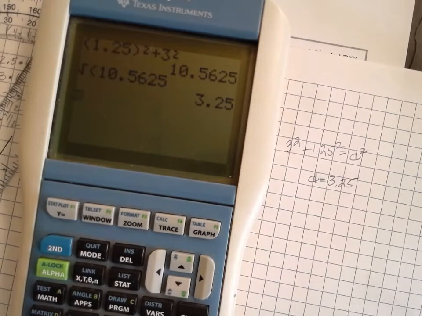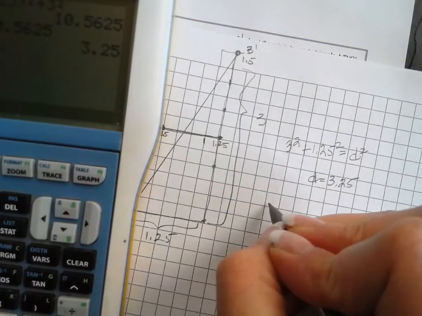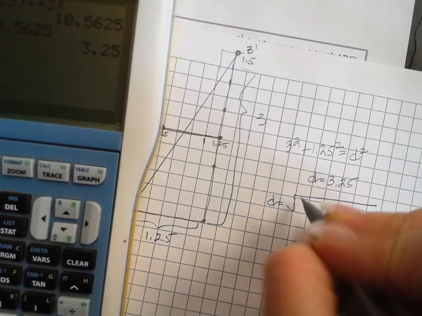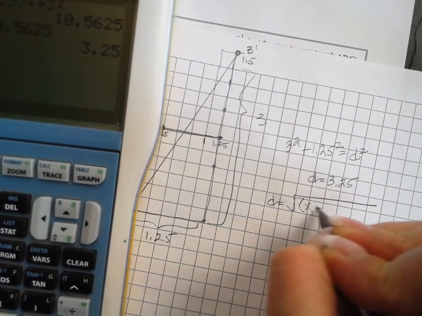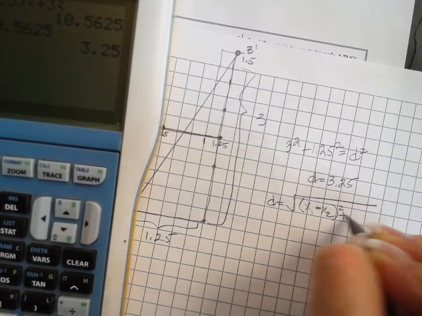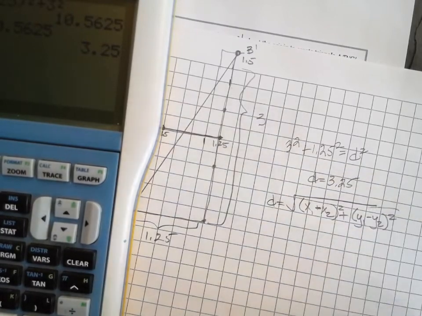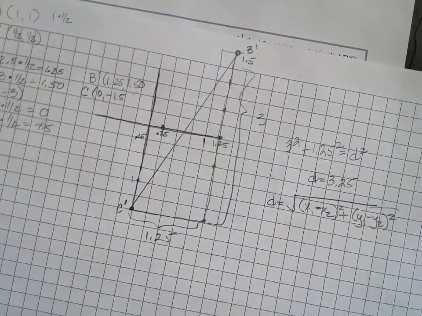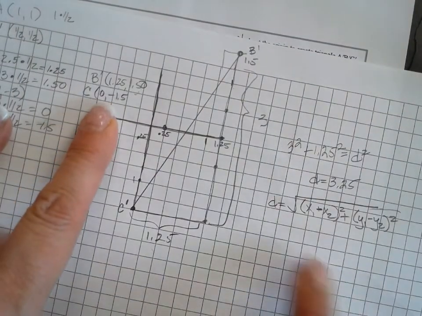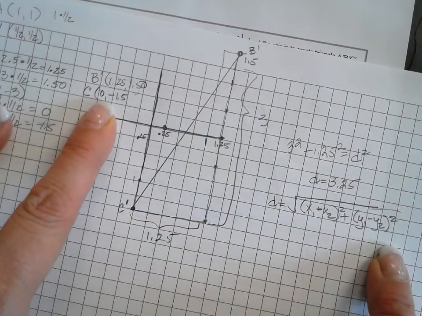Okay? Now, you can do it that way. You can use your distance formula. Anybody remember what your distance formula is? Your distance is the square root of (x1 minus x2) squared plus (y1 minus y2) squared. Okay? Since you had your points, you could have just plugged and chugged.